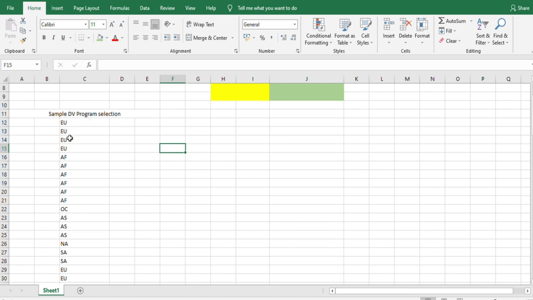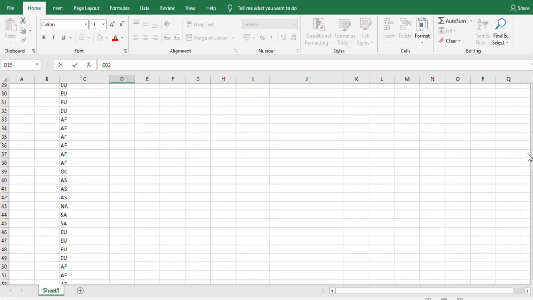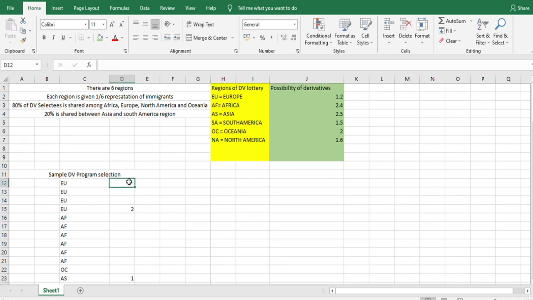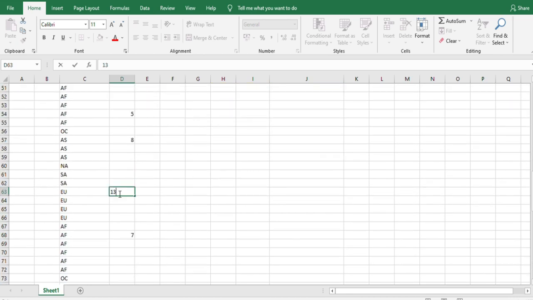For example, randomly, let's give this one number 1, and then number 2, then we go down, we say 3, 4, 5, 6. So we are issuing numbers randomly to the applicants.